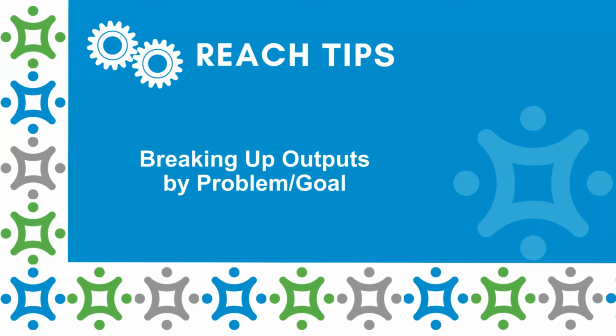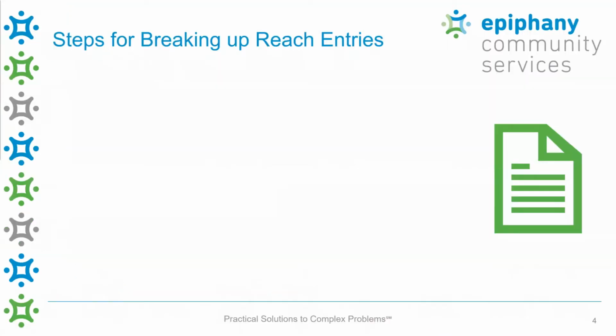So first things first, I like to go through the different steps we have when it comes to breaking up our Reach entries. These are typically the steps that I will take our clients through if we're having a TA session to work on one of these. I will start with the description, right? We've got to know what's happening. So I have them write out a description, or type one up in case we're actually working in Reach.